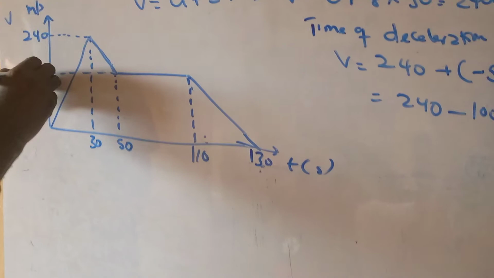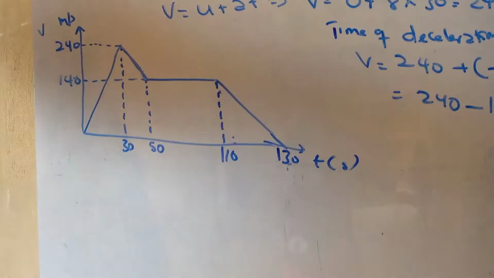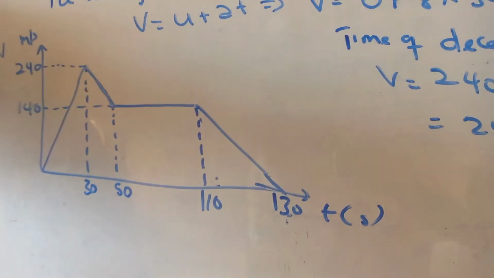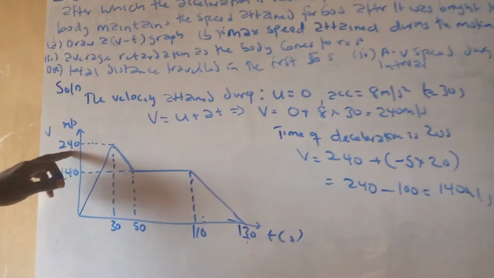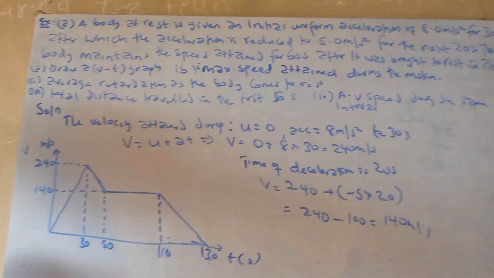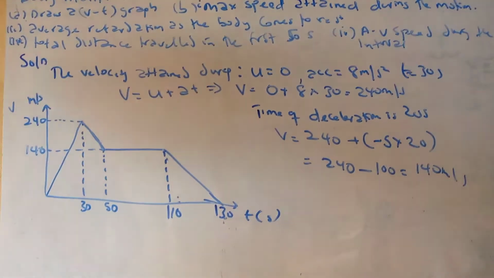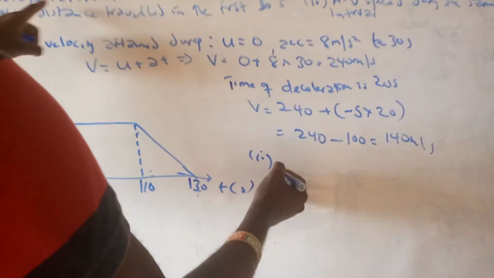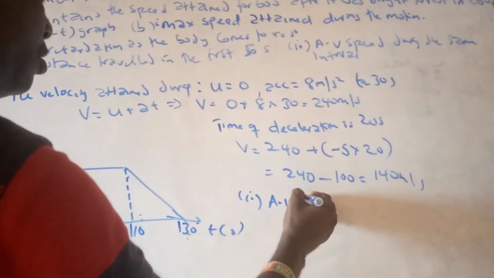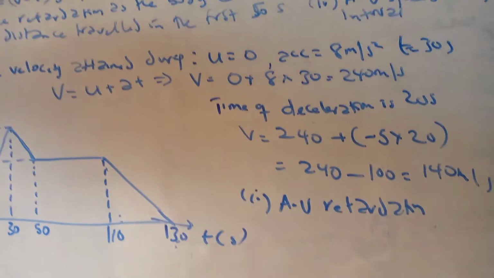Having said that, we can quickly go over the rest. I've shown you the graph, and the maximum speed is 240. Now the average retardation.